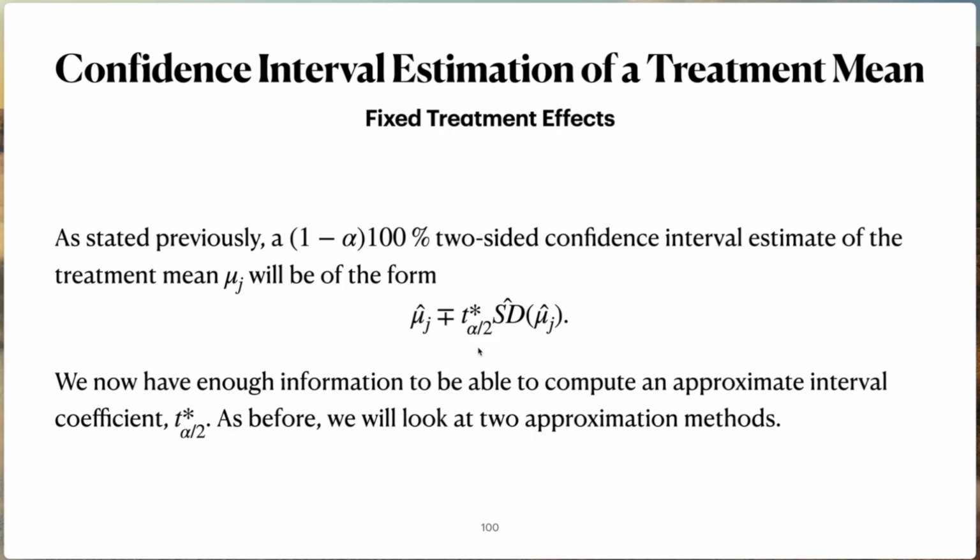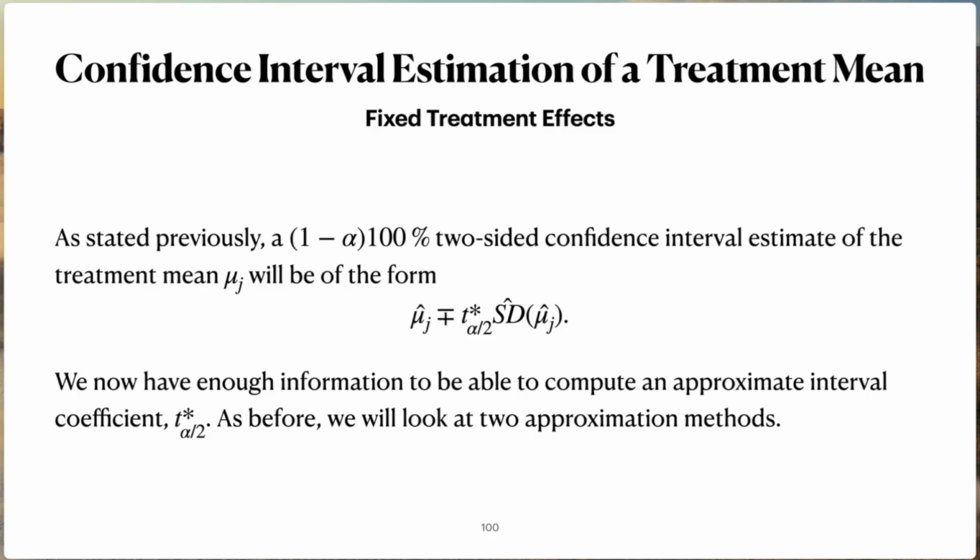We couldn't do it before, though, because we didn't know how to calculate t star, this approximate interval coefficient. This is one of those situations where we don't know the true distribution from which to get the interval coefficient. Again, it may be a t-distribution, but it does not have degrees of freedom equal to r minus 1 times t minus 1. And so we have to try to approximate the correct or appropriate interval coefficient.